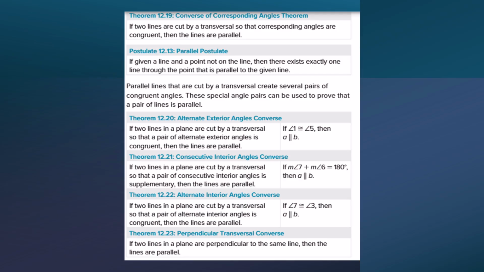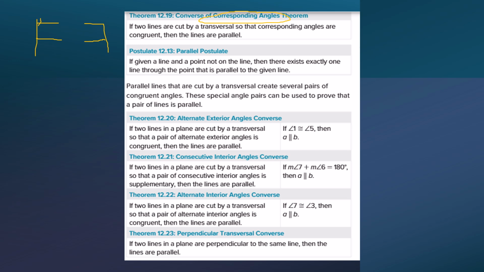Moving ahead, before we go ahead to prove lines parallel, there are certain important theorems and postulates which we need to focus on. Very quickly, when we look at corresponding angles, they form the letter F, and the letter F can be in very different ways.